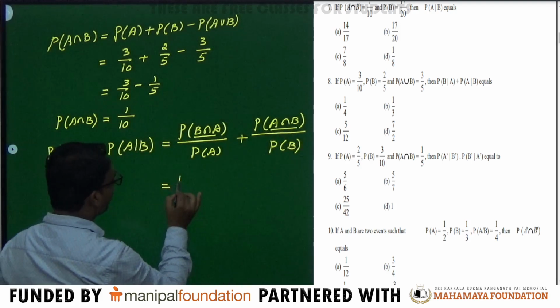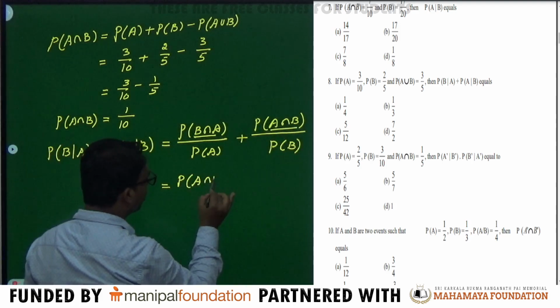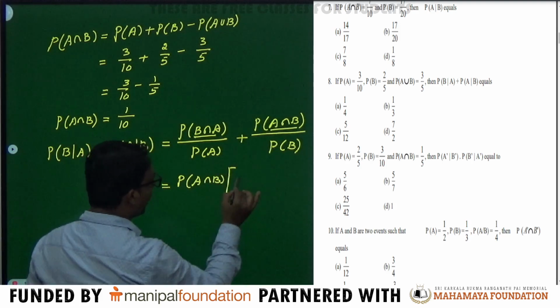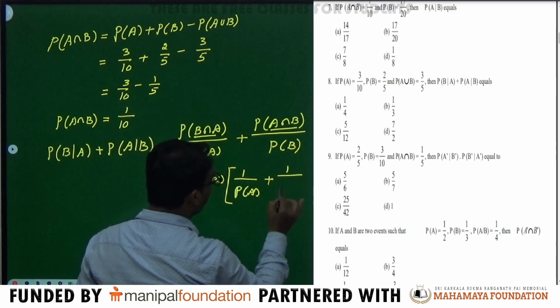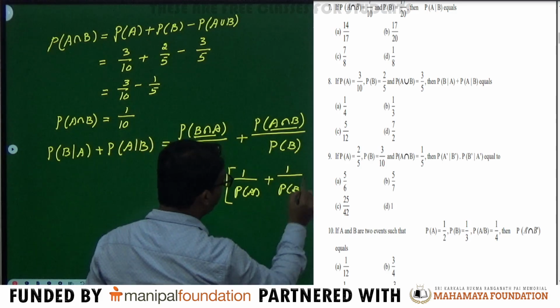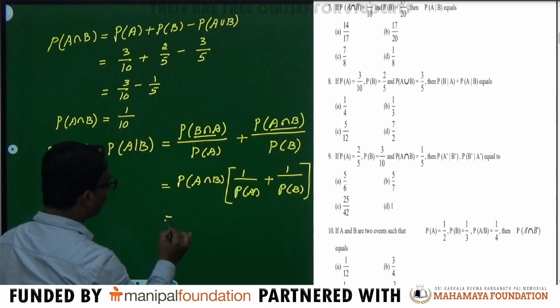We can take it as common: probability of A intersection B into 1 upon probability of A plus 1 upon probability of B. Just simplify the value.